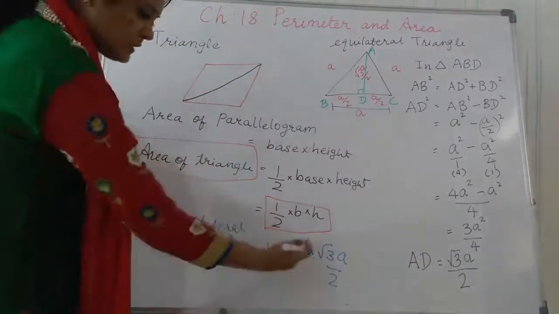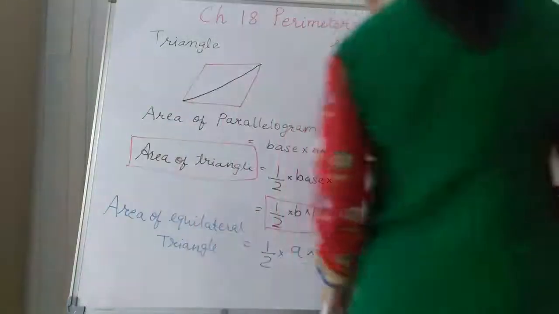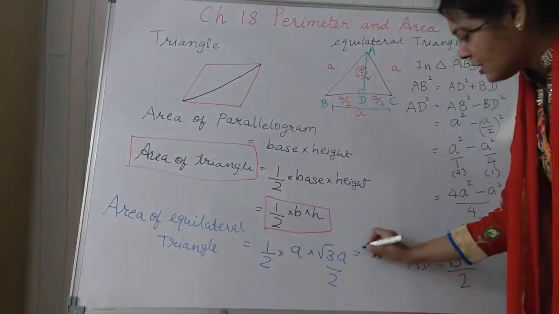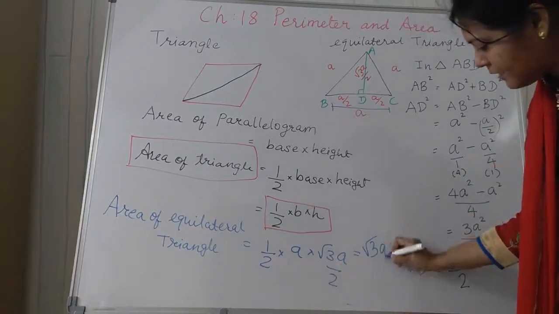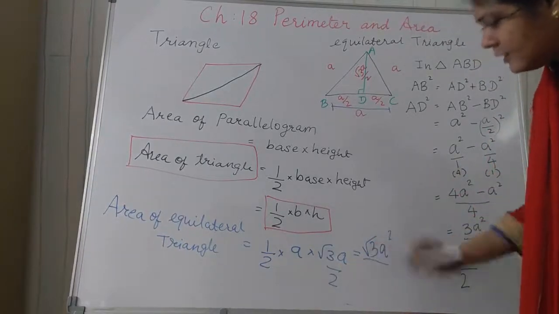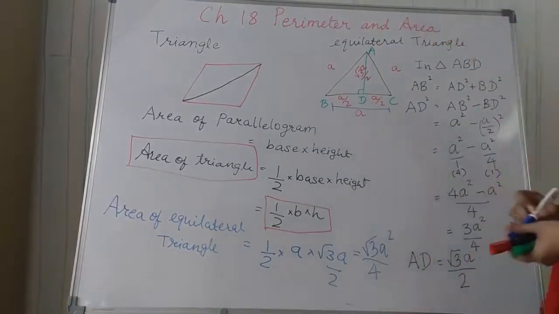So now by multiplication we get root 3, then A into A becomes A square, and in the denominator 2 twos become 4, right?